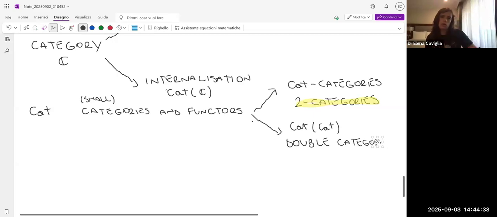And we are not going to focus a lot on bicategories, but I'm still going to say something about them so that you have a complete picture. So we have two categories, we have double categories, and we will also touch on bicategories. Let me write them.